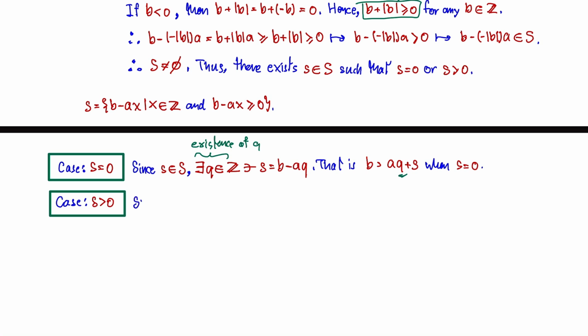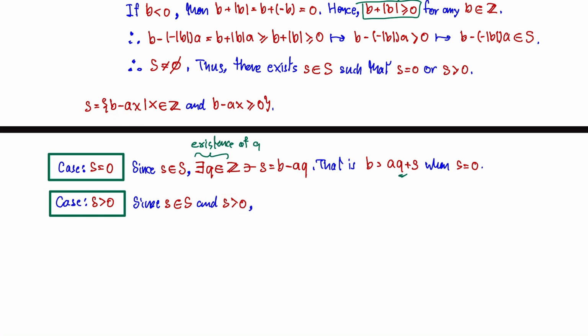Since s is in set S, and s is greater than 0, this means that set S must contain b minus ax, where a and b are integers, x is also an integer, but s in this set S is greater than 0.